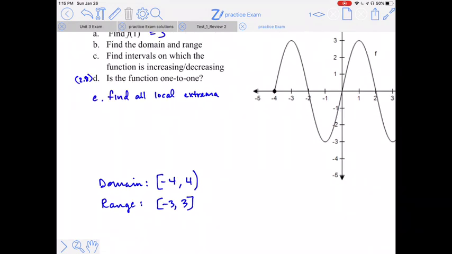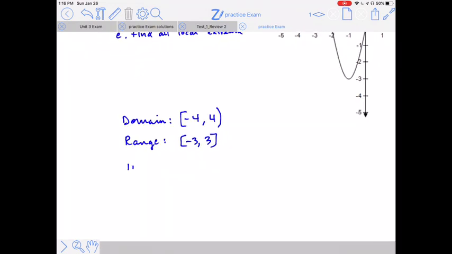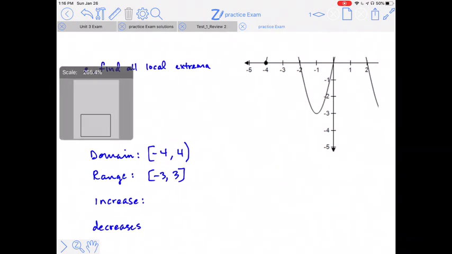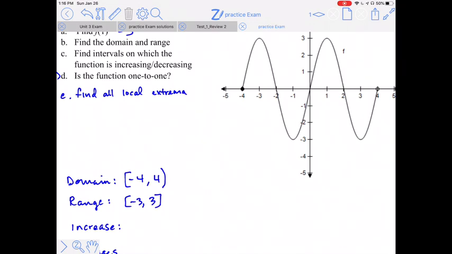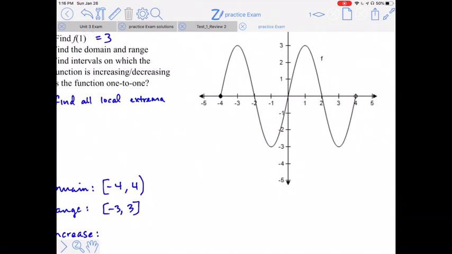Okay, part C, find intervals in which the function increases and decreases. And when we read a graph, we're reading the graph as x values are increasing, so the graph goes from left to right. So looking this way along the graph, these points here have increasing y values, so this would be an increasing part of the graph.